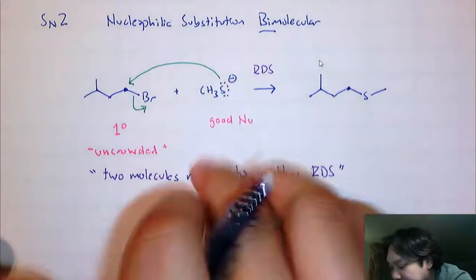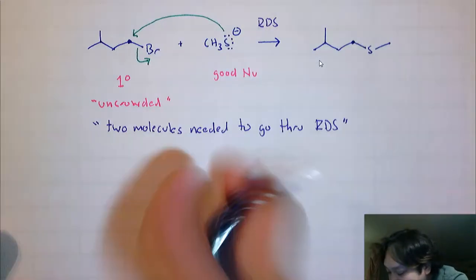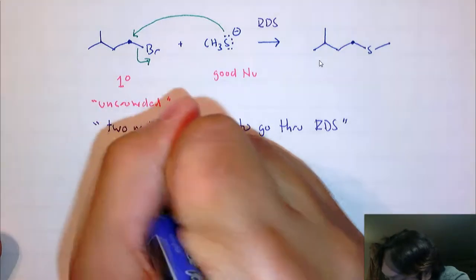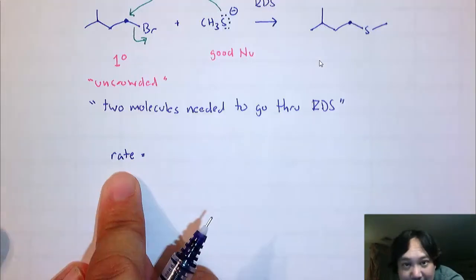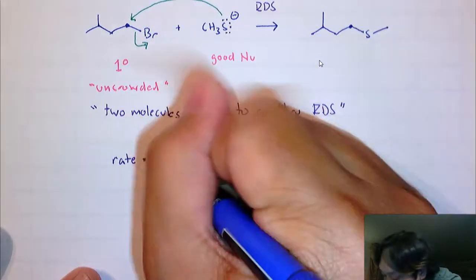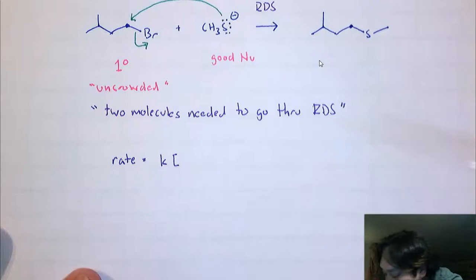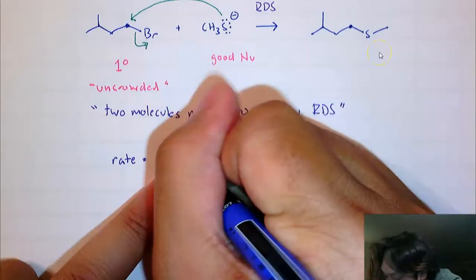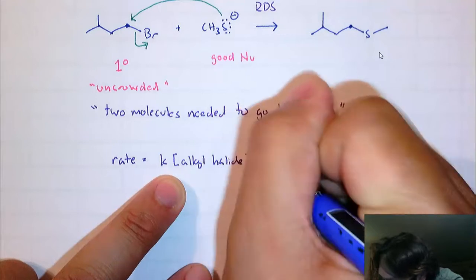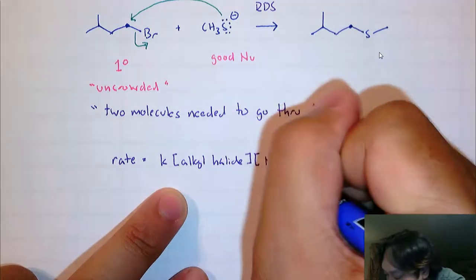Let me finish up SN2. You've seen this before in general chemistry, rate equations. So the rate is equal to the constant, k, times the 2 molecules. So you could write something like concentration of the alkyl halide times the concentration of the nucleophile.